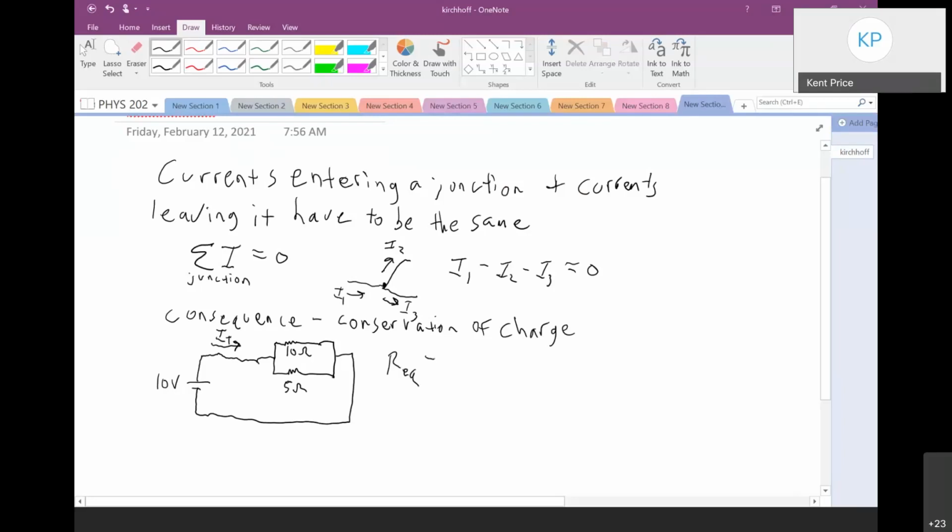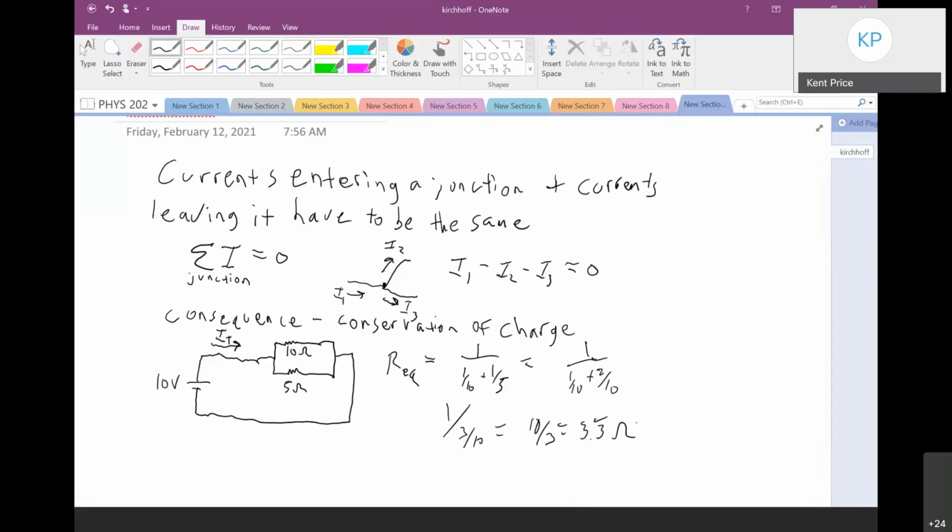REQ is equal to 1 over 1/10 plus 1/5. A fifth is 2/10, so that's 1/10 plus 2/10, which is 3/10. 1 over 3/10 is 10 over 3, or 3.3 repeating ohms is the equivalent resistance.